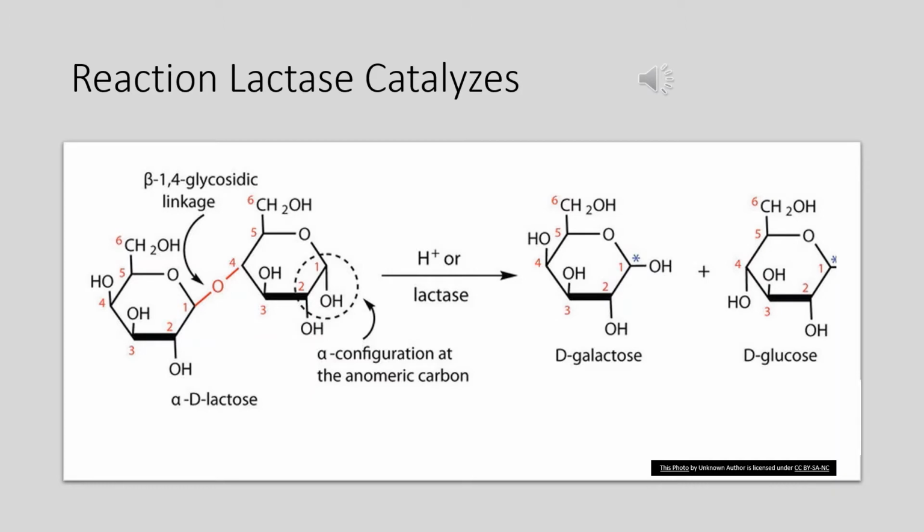The main reaction which lactase catalyzes is lactose degradation, also called lactose hydrolysis. This mechanism is part of a metabolic pathway to supply energy to the body. If you look at the structure of lactose, you can see that it is made up of two sugars, glucose and galactose.